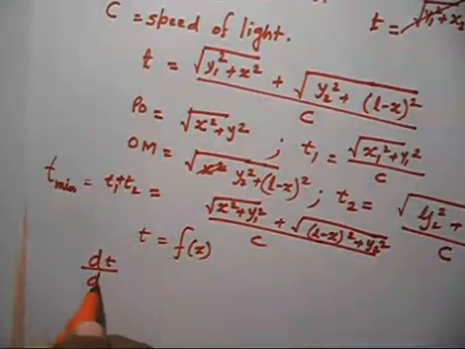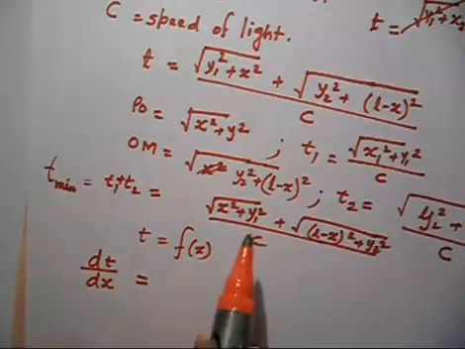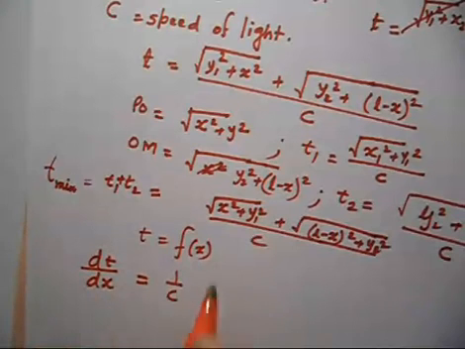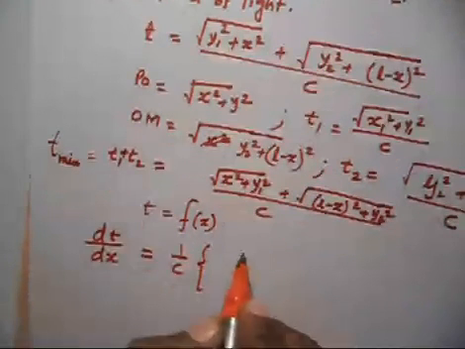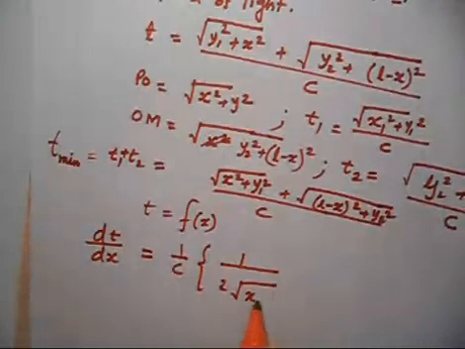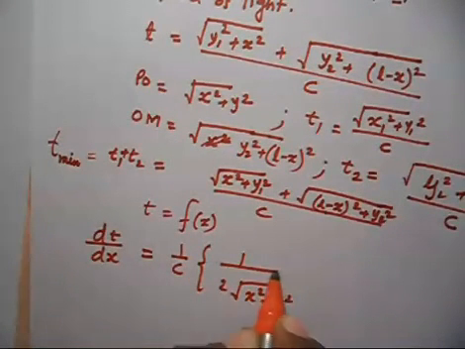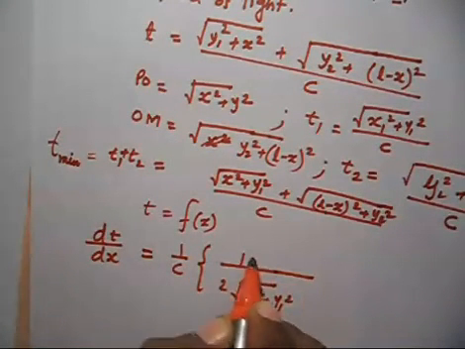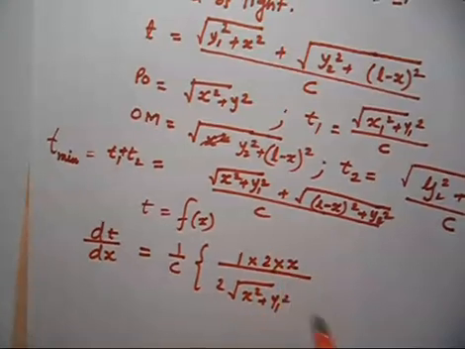So dt by dx will give you, c is a constant, so let us take c outside. Now the differentiation of this is 1 by 2 root over x square plus h1 square, and on the top you will have 2x.